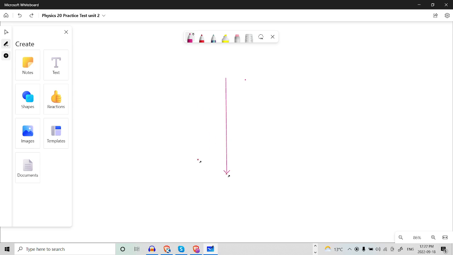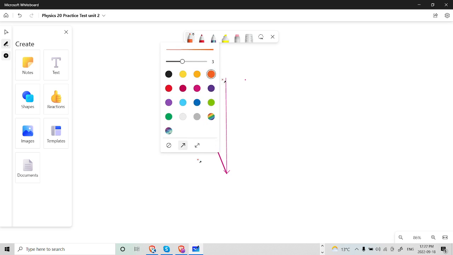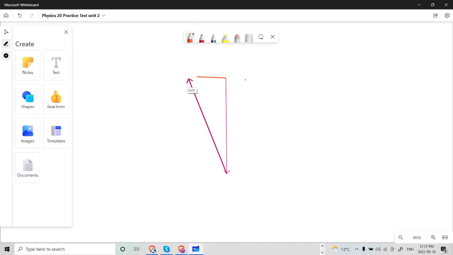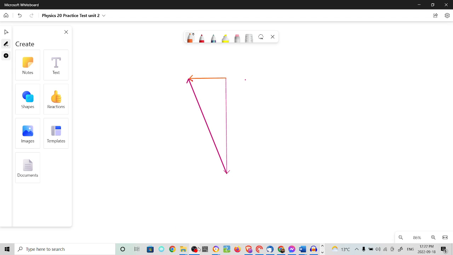So that means in order to combat that, we have to aim at some angle in this direction so that when we add them, our resultant vector is this one. So we're taking this southerly vector and this angled vector to add up to a purely westerly vector.